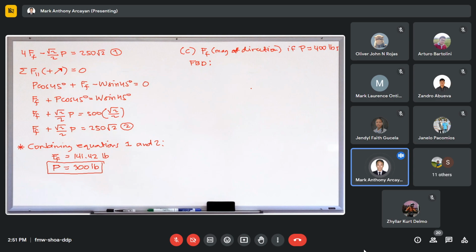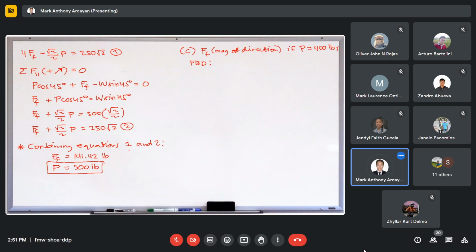400 pounds is somewhere in between, which means the block will not yet move upwards, it will not really move, but the force you are applying is pushing it upward. So the impending motion is upward. It is not downward since it exceeds 300 pounds, which is the amount of force required to keep it from sliding down.